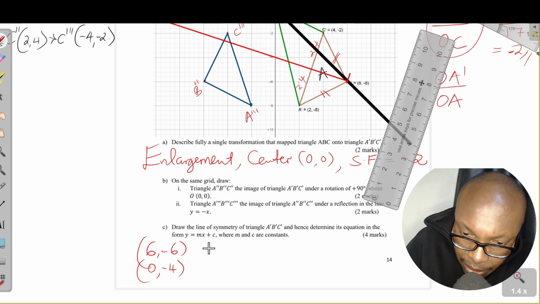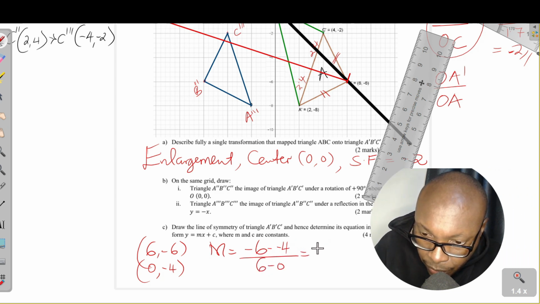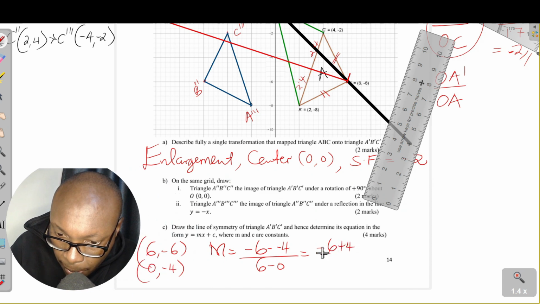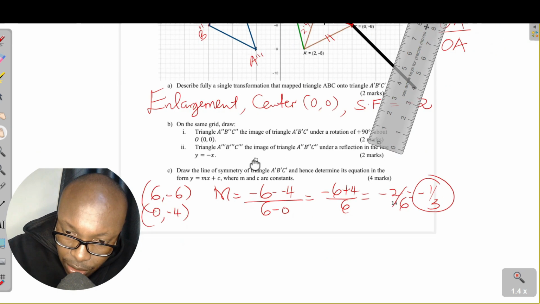So I start by getting the gradient. The gradient of that line will be given by change in y, which is negative 6 subtract negative 4, divided by change in x, 6 subtract 0. So this will be negative 6 plus 4 divided by 6, and this will be negative 2 over 6, which is negative a third. So negative a third is the gradient.